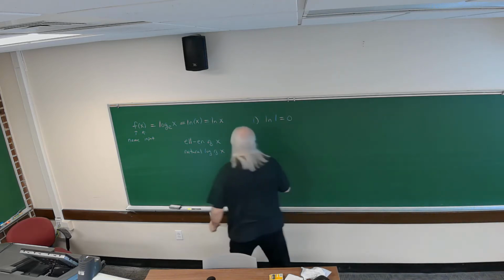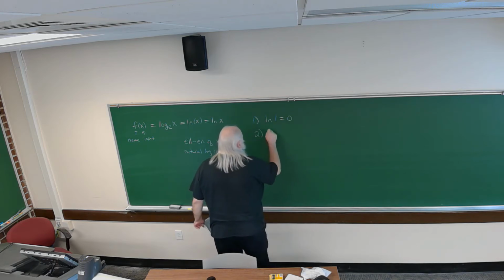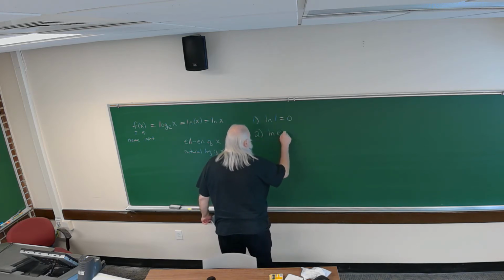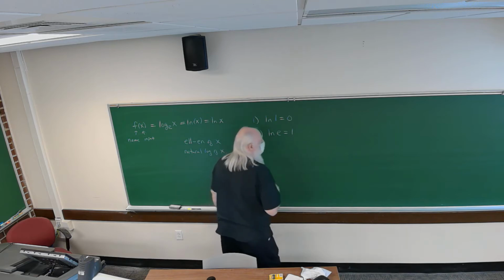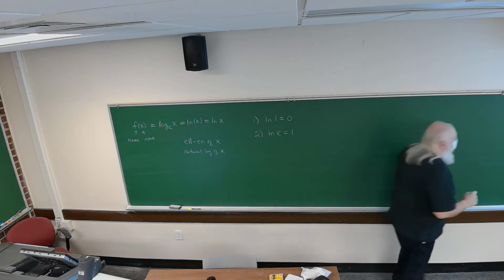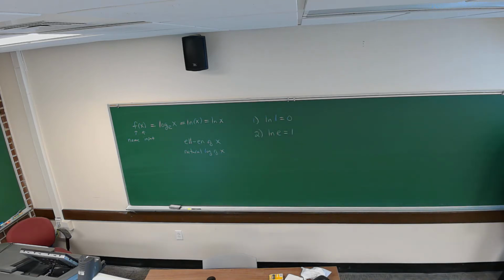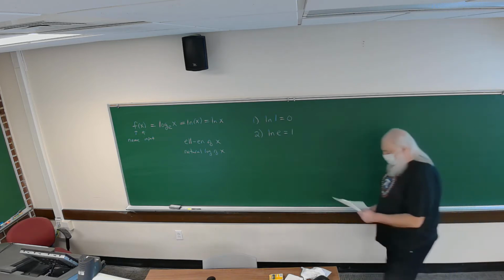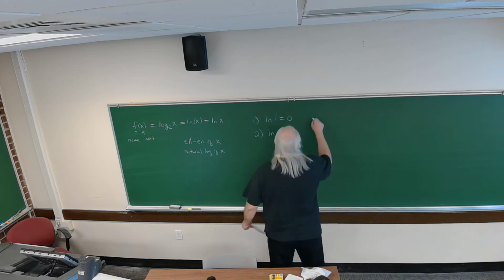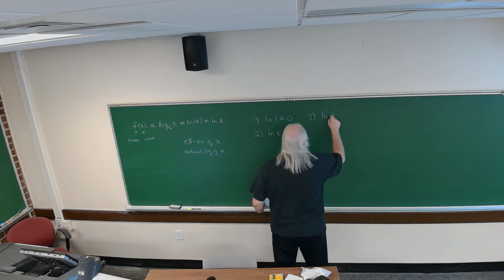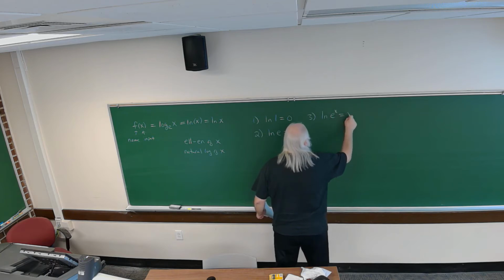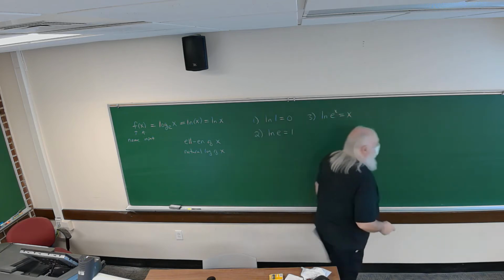Property 2, the natural log of the number e is equal to 1. So I replace log base a with ln and a with e. Property 3, the natural log of e to the x is just x.